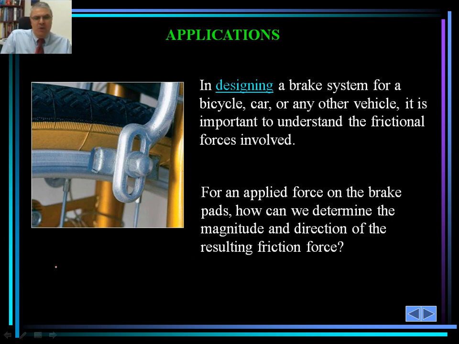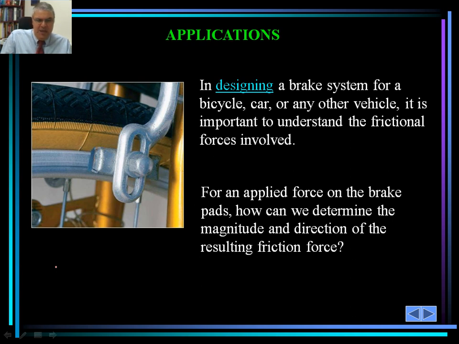So the questions that we need to answer here are: how much force is needed to the pad itself, how can we design the pad, what should be the thickness of the pad, what should be the material for the pad, and how can we design such a system to deliver that much friction force so we can apply it to the rim of the bike and design the system correctly.